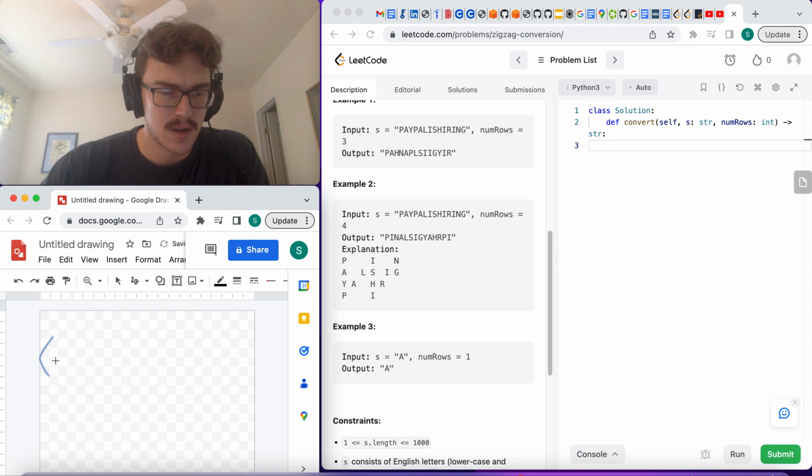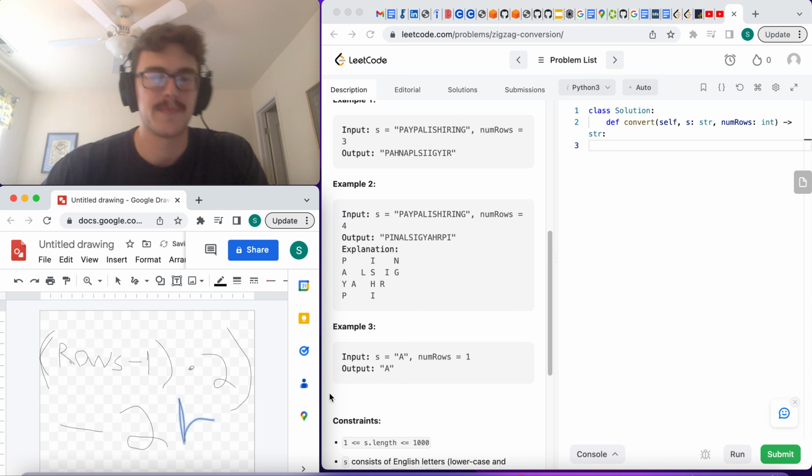So we have rows minus 1, times 2, minus 2R.